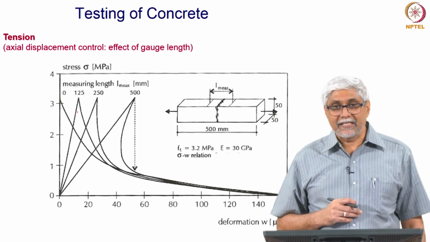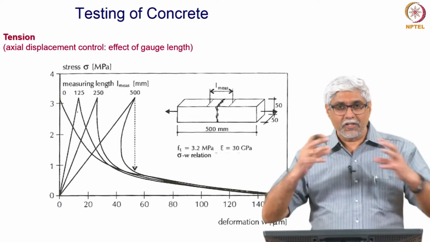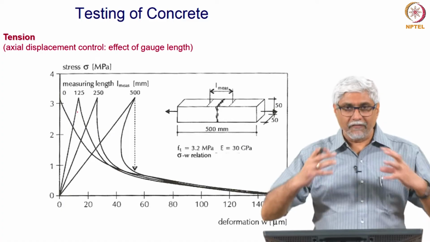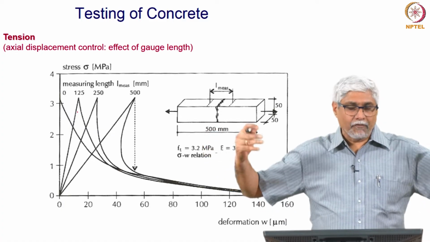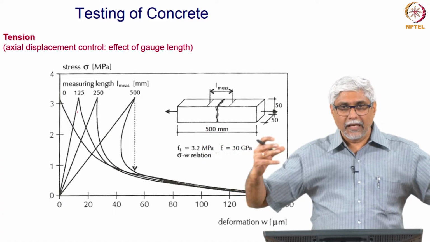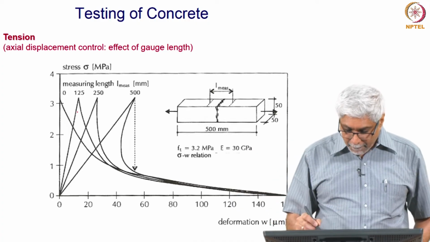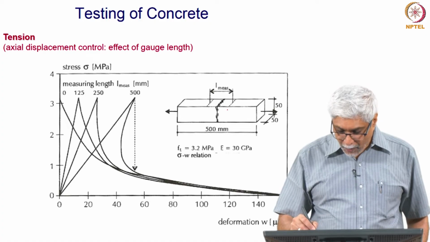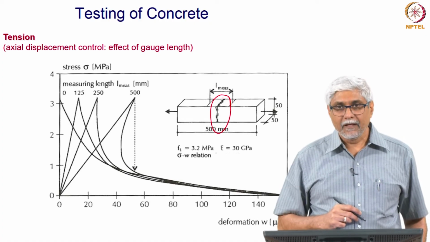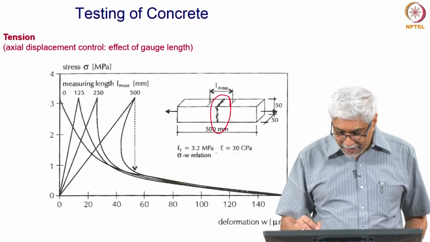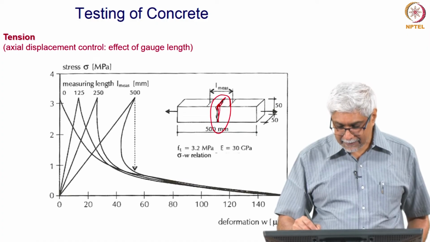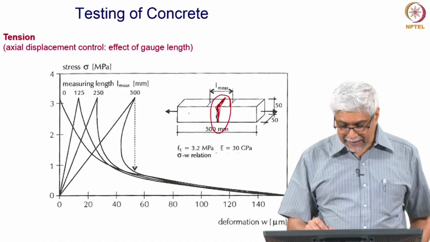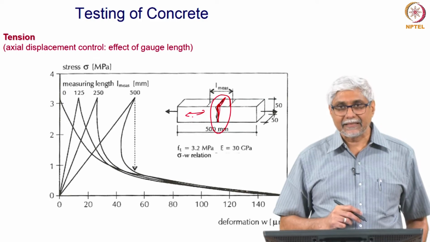Another time when you can see snapback is when you use a very long specimen. Suppose you do a tension test on a very long specimen, say of concrete or rock. What we find is after a certain stress there will be one crack which will open. So, all the deformation is happening only at this crack, the rest is only elastic, okay.